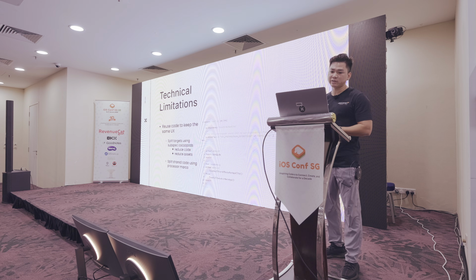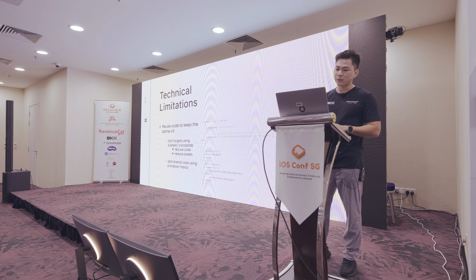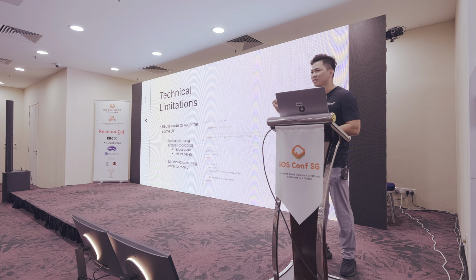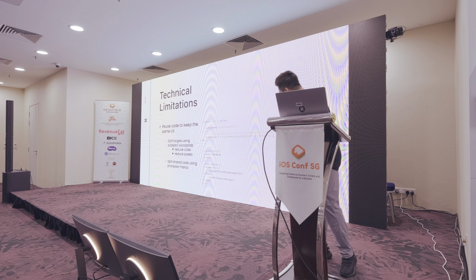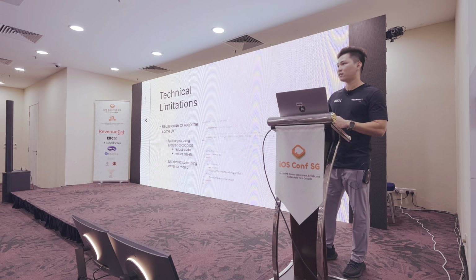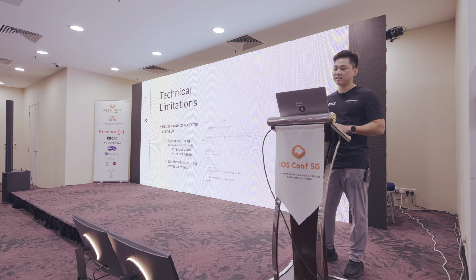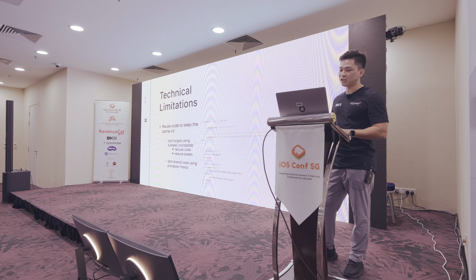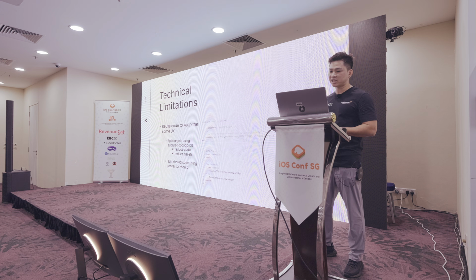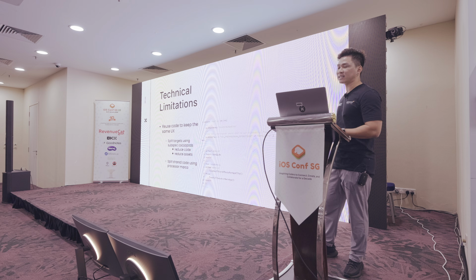In order to do that, we also split the shared code using the preprocessor macro. As you see here, it's quite hard to see, right? But I'll share the slides later. In this case, we define the xcconfig with the preprocessor definition with the AppClip flag turned on.